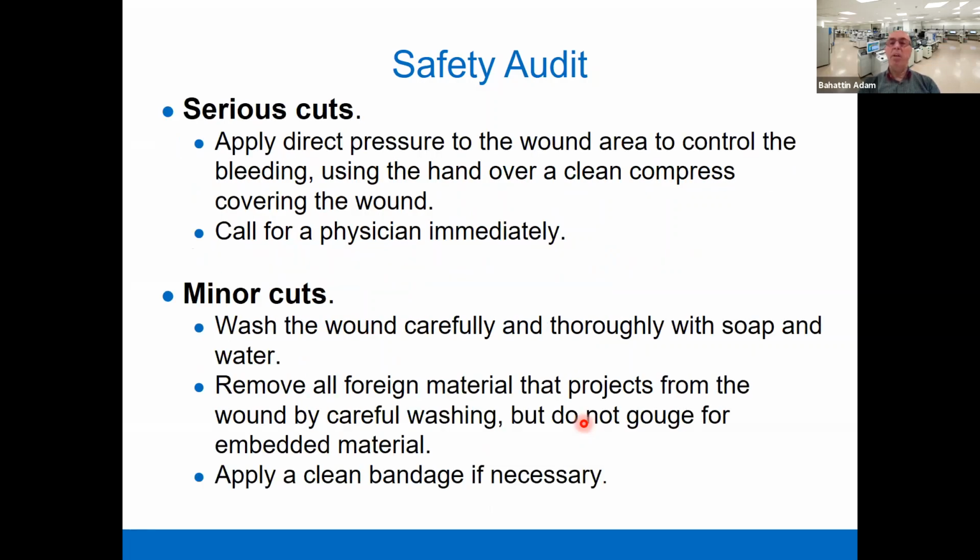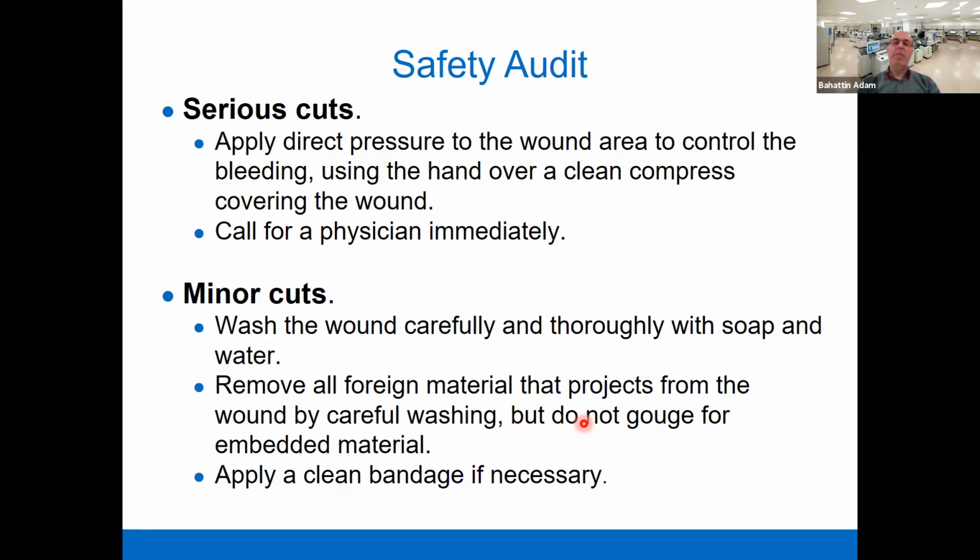Okay, in a serious cut, we need to apply direct pressure to the wound area to control the bleeding, using the hand over a clean compress covering the wound, and call for a physician immediately.